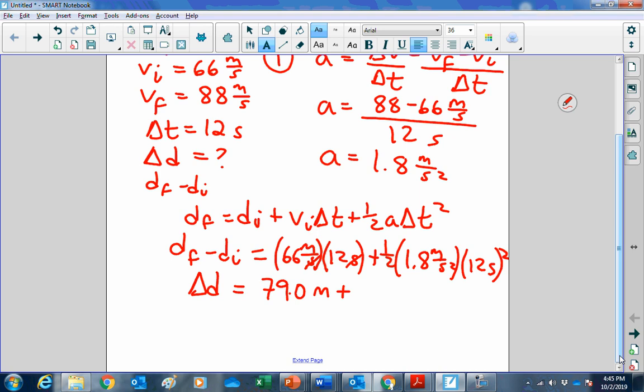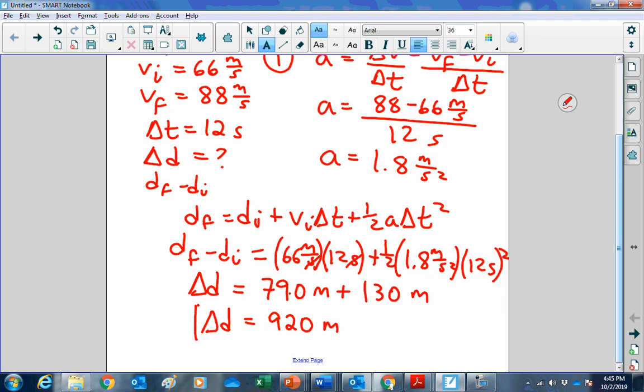Two sig figs over here as well, so this is 130. So I get 920 meters.